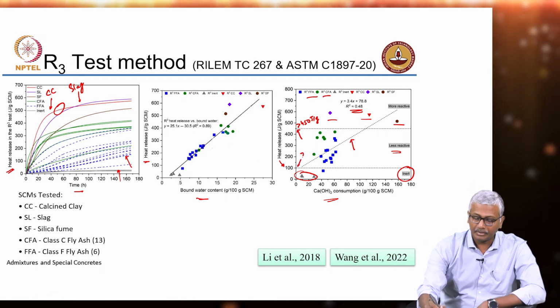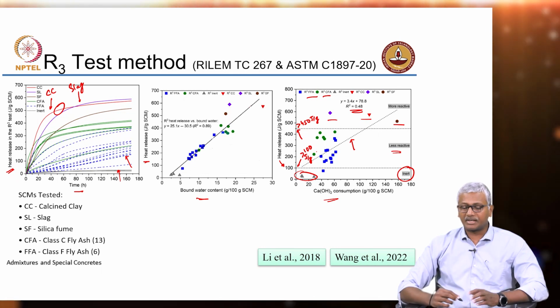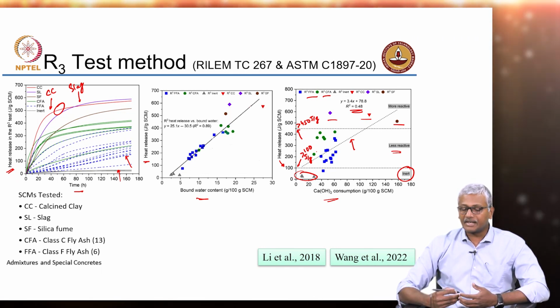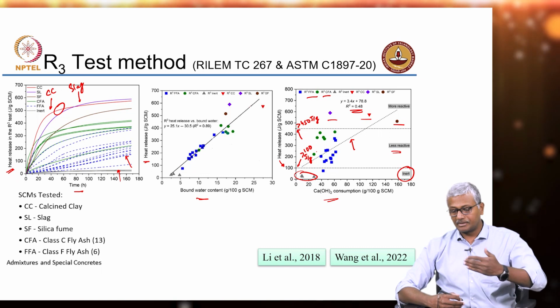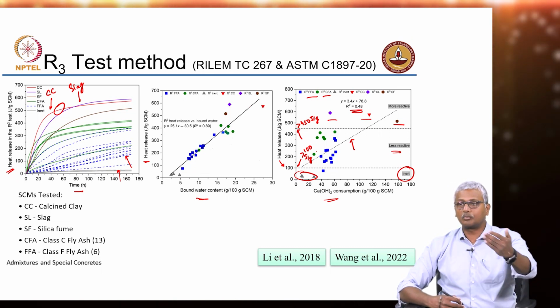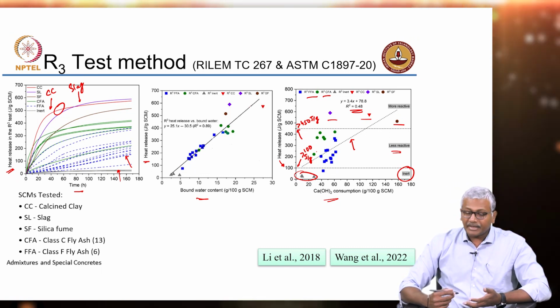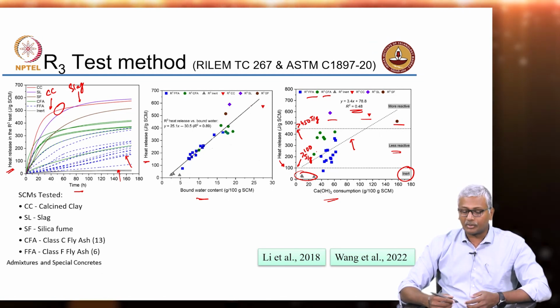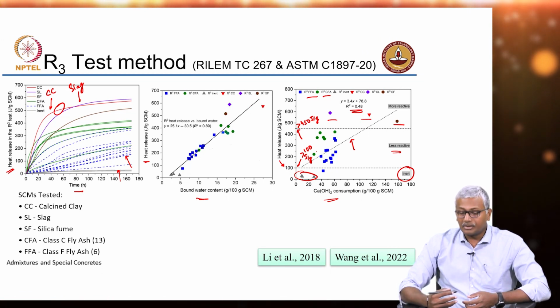Here, greater than 100 joules per gram. So, what essentially this helps you do is classify your material as being inert, less reactive or more reactive. But again, the consumption of calcium hydroxide is not really telling you a true story here.